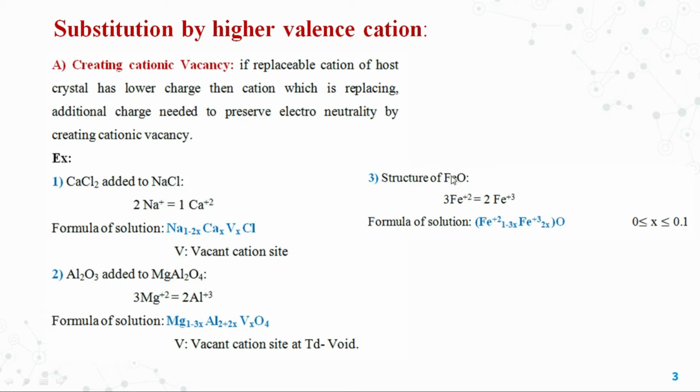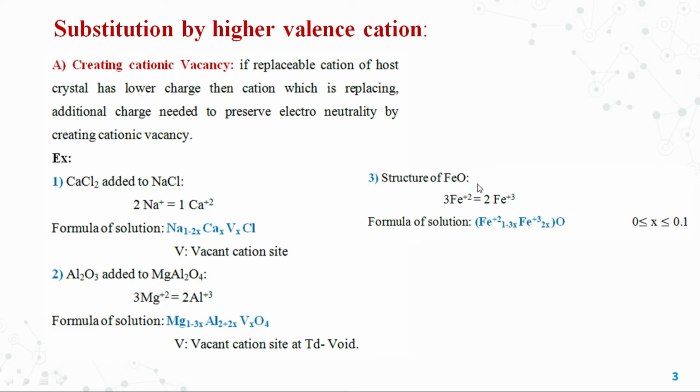Third example is iron oxide. As we can see here, the proportion of iron and oxygen is 1:1. But in nature, iron is stable in +2 as well as +3 state. As in the given example, iron is expected to be in +2 state, but there is also a possibility that iron will change to Fe+3, and to maintain neutrality I have to remove 3 Fe+2 ions and I can add 2 Fe+3, and it creates one vacancy.